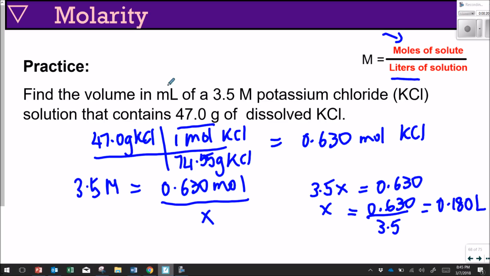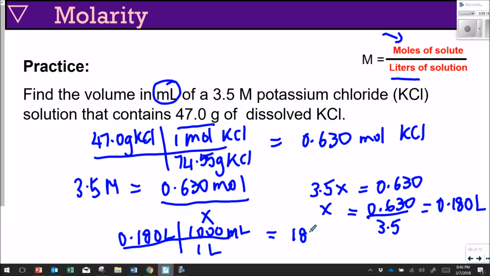But my question asked me to find the volume in milliliters, so I need to convert that. 0.180 liters, 1 liter is 1,000 milliliters, and I get 180 milliliters.